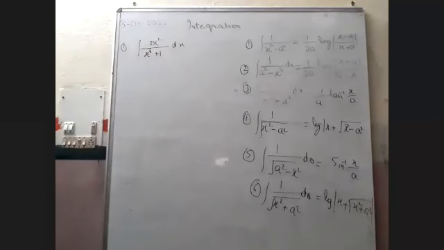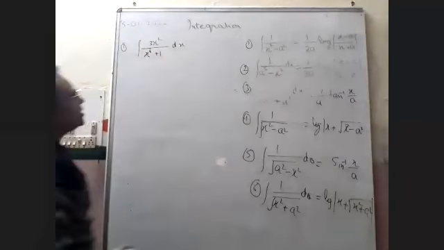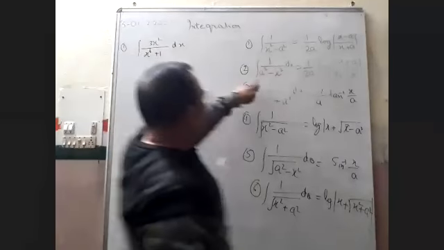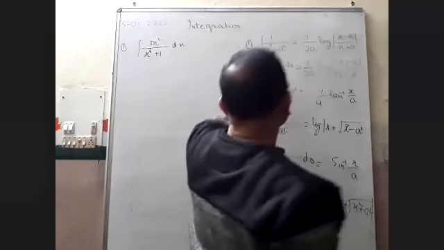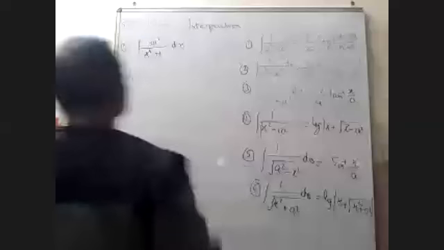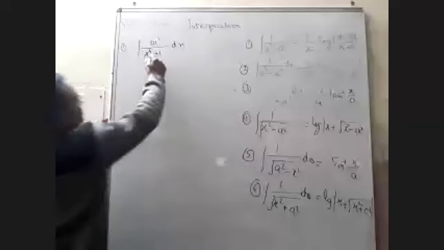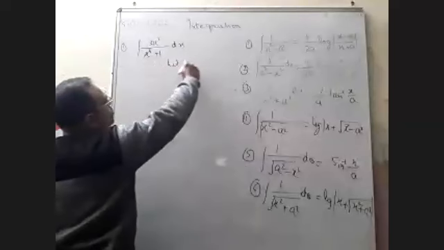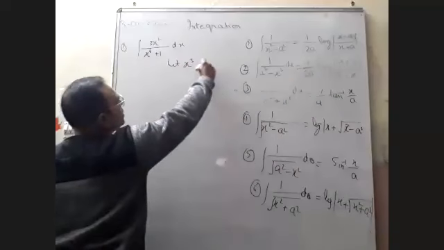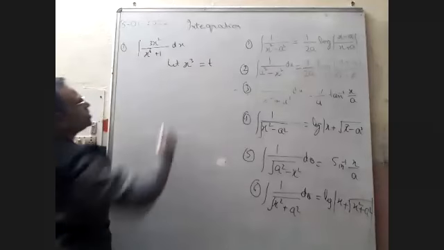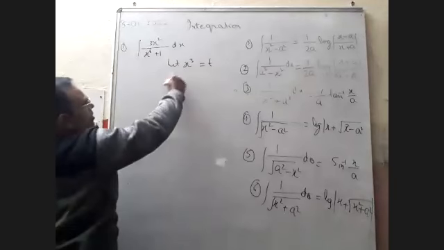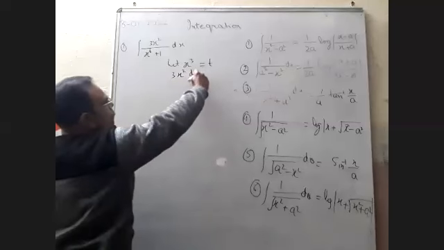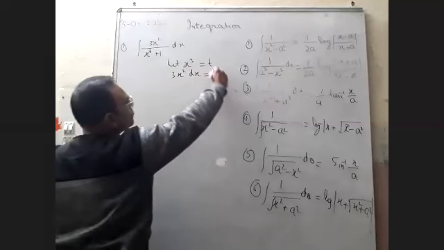It is not in the standard form; we should have a square only, but here it is not a square. So just assume x cube is equal to t. If x cube is equal to t, then 3x square dx will become dt.